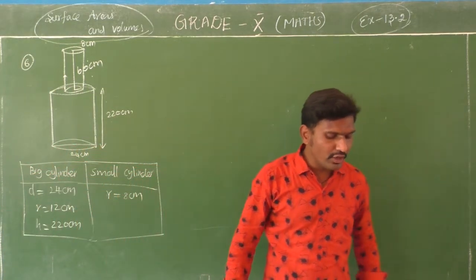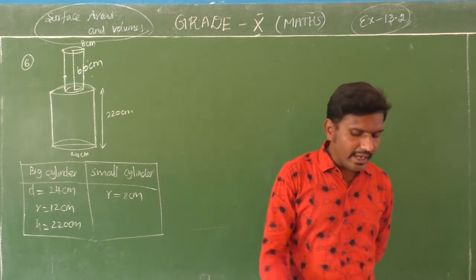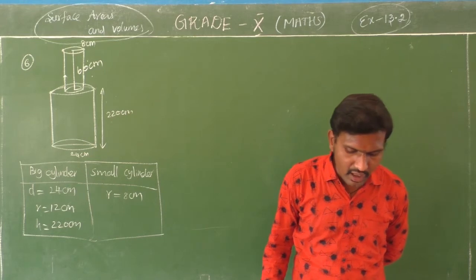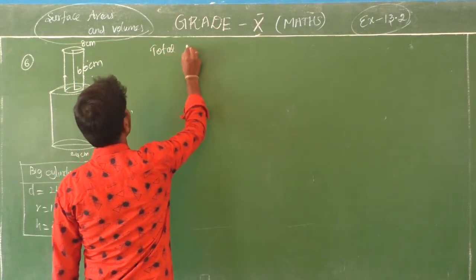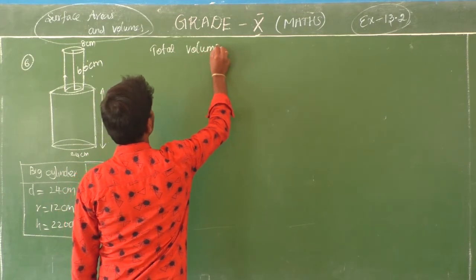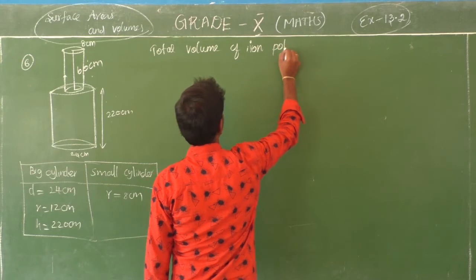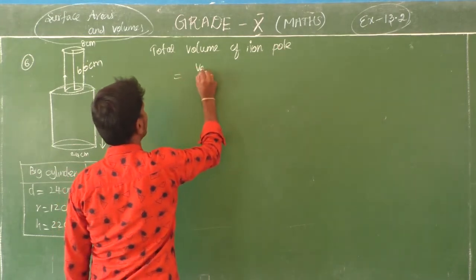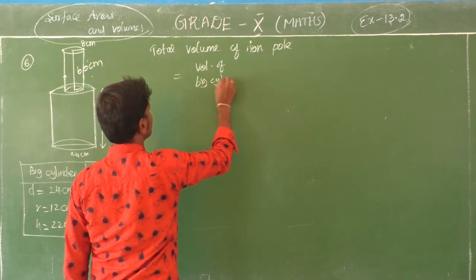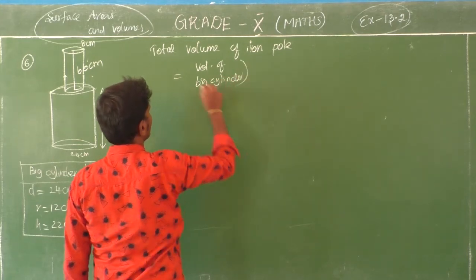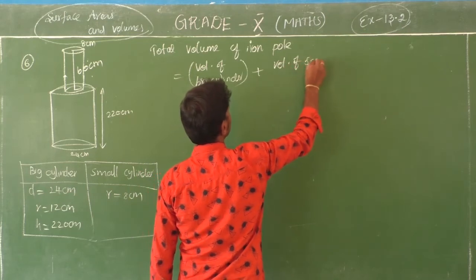First I am going to find the total volume of the iron pole. Total volume of the pole is equal to the volume of the big cylinder plus the volume of the small cylinder.